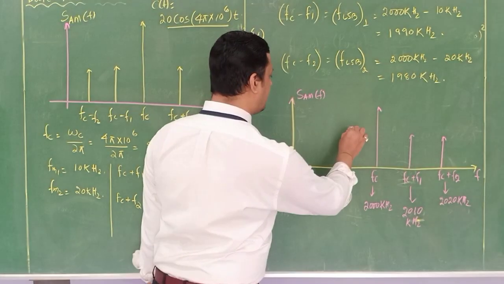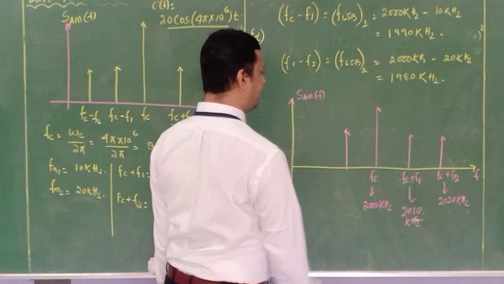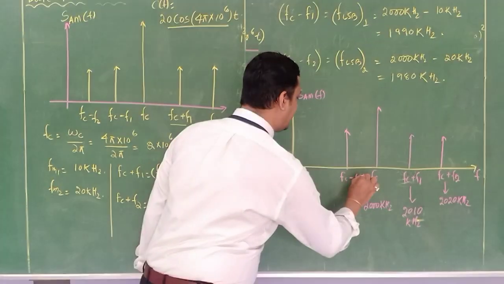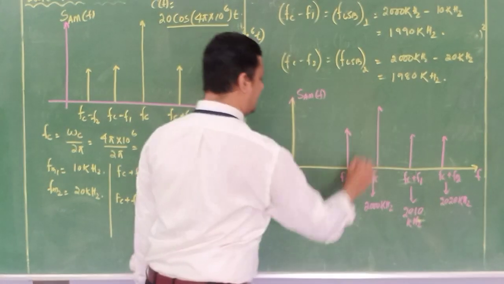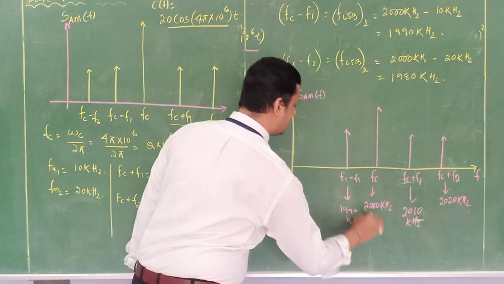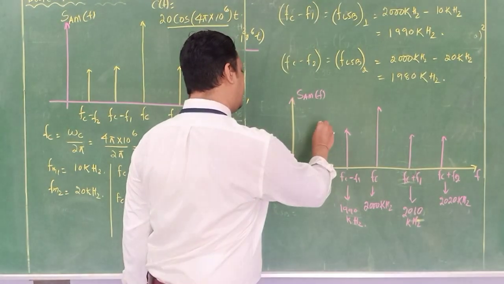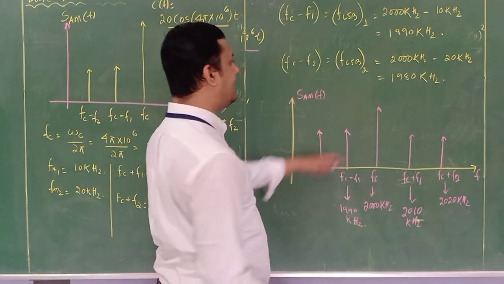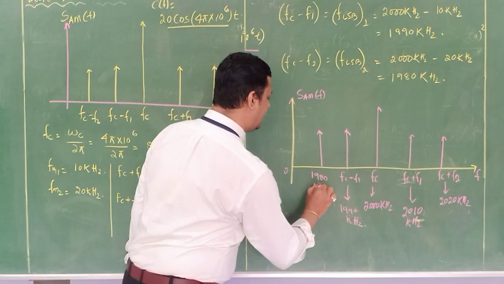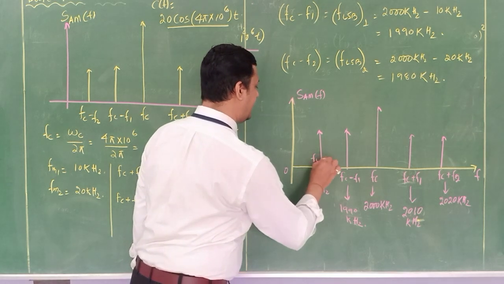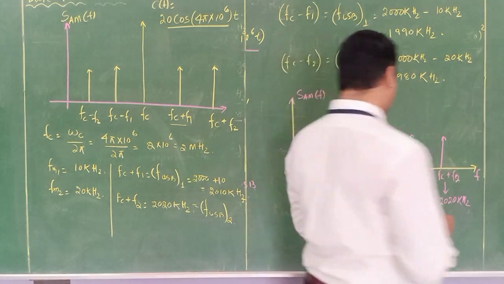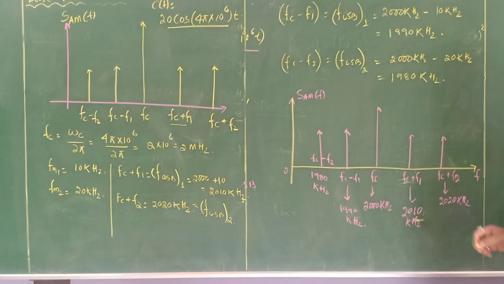Similarly, now we will represent the lower side. The first lower sideband, Fc minus F1, is equal to 1990 kilohertz. And the other LSB, for the second modulating signal, is 1980 kilohertz, that is Fc minus F2. Now from this spectrum, you can also identify the bandwidth.